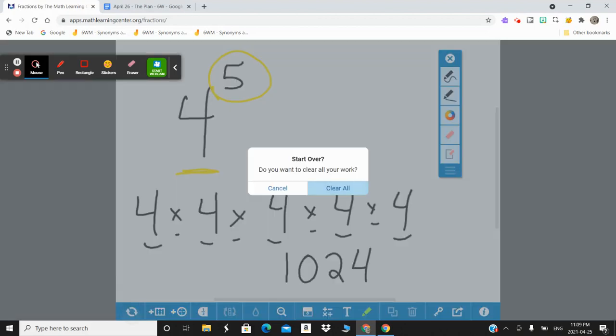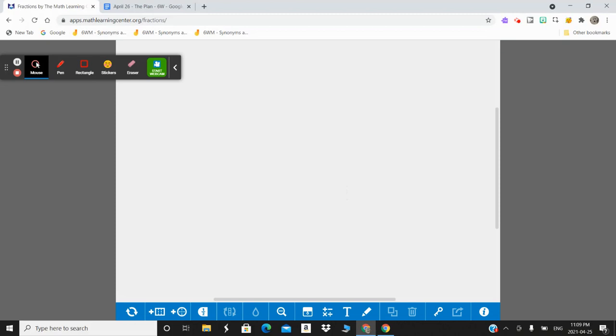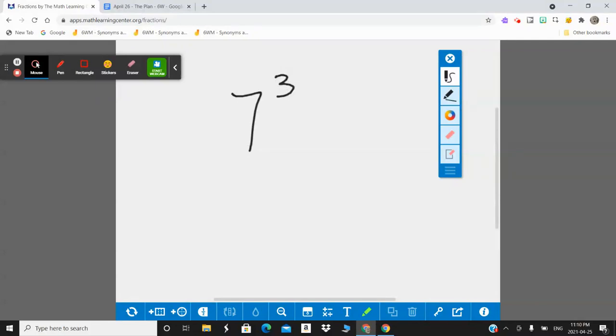We'll do one more, and then you get to try. So let's do, you can do any number, 7 to the power of 3. Base number is 7, and I need to multiply it by itself 3 times. So following my trick, 7, 7, 7.